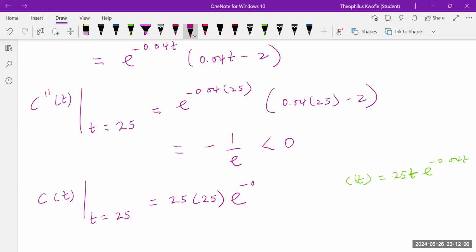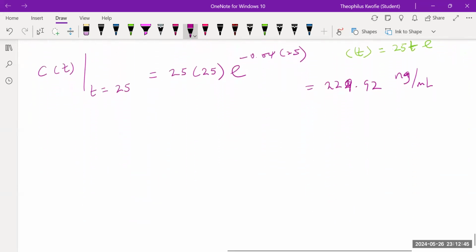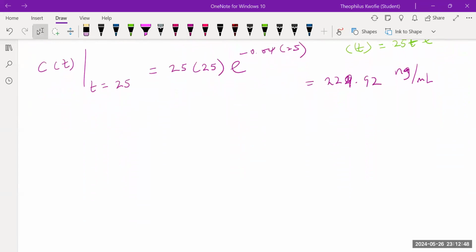So this multiplying that, if you use a calculator, you should get something like 229.92 nanogram per milliliter.